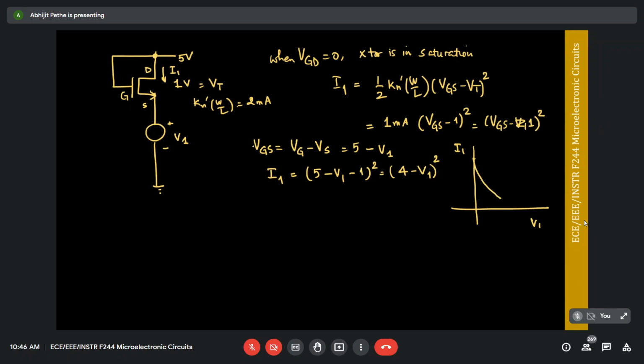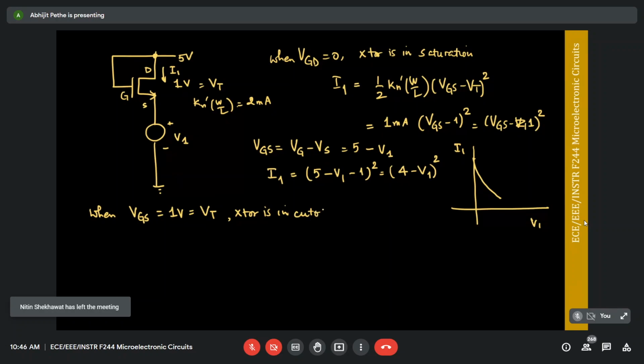Now the question is, is the transistor always in saturation? No, the transistor gets out of saturation when VGS becomes equal to 1 volt, which is VT. Anything below that point, the transistor is in cutoff. And what does cutoff mean?